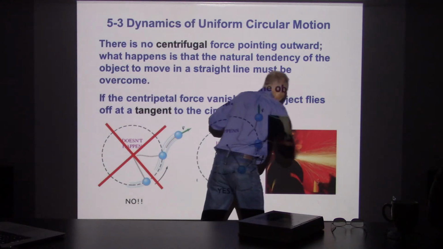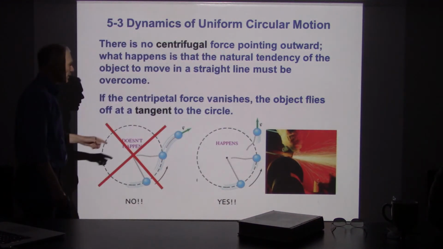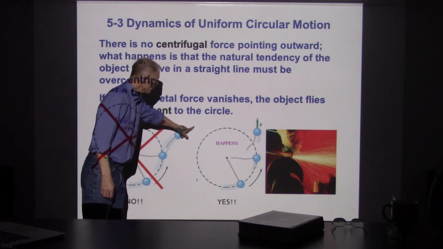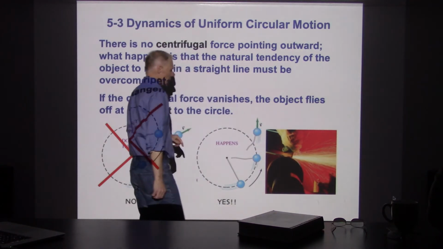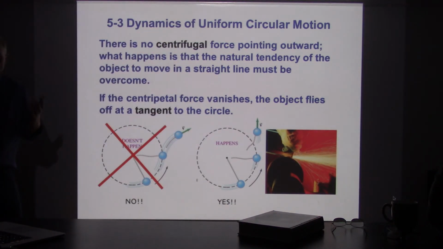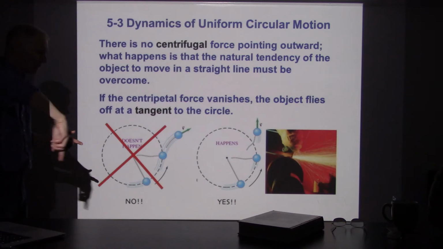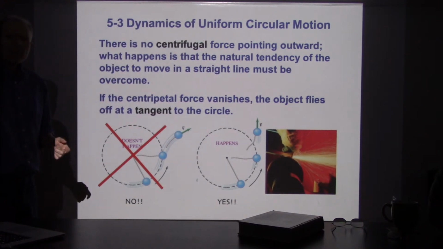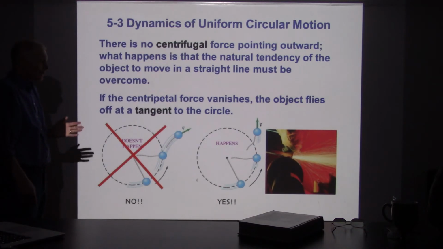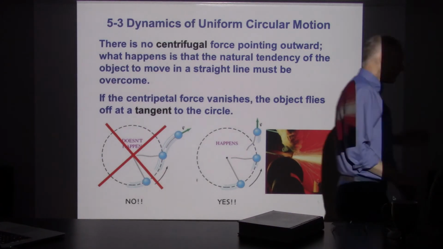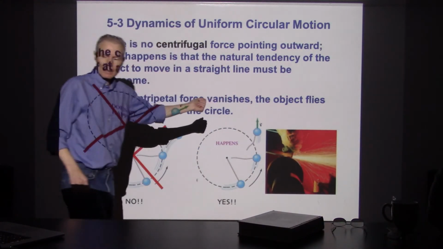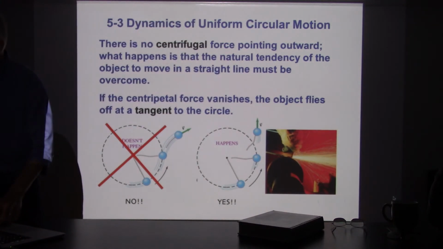And they're coming off and they're going in a straight line, right? They are not coming off and curving away from that path. They are coming off and heading off in a straight line. So that's a major misconception, right? That if you've got something spinning, something is pulling it to the outside. No. Again, if I'm going to curve off to the right, I need a force in the right direction. If I'm curving off to the left, I need a force off in the left direction. So that's what's going on with the circular motion.